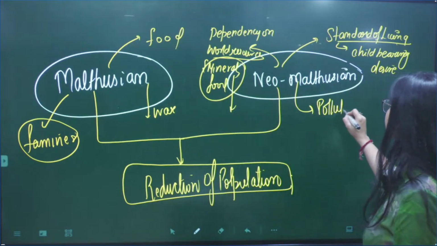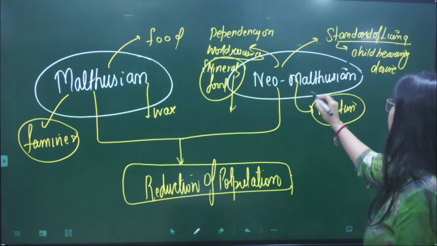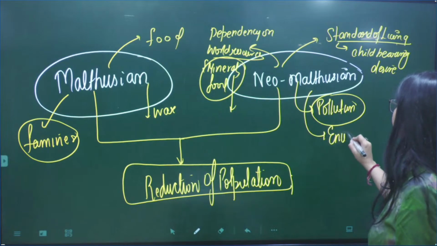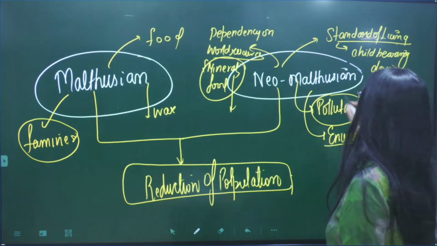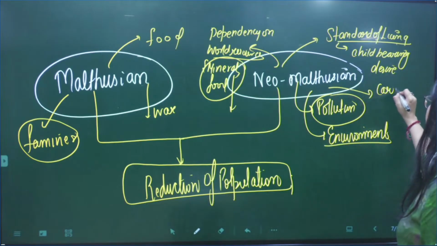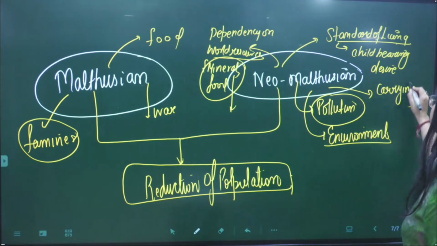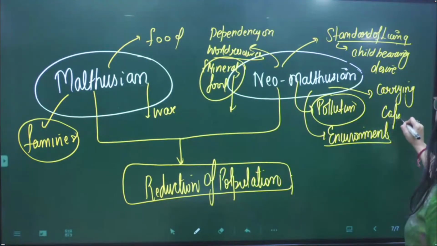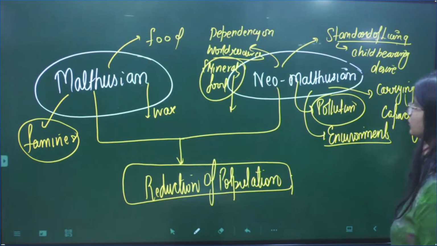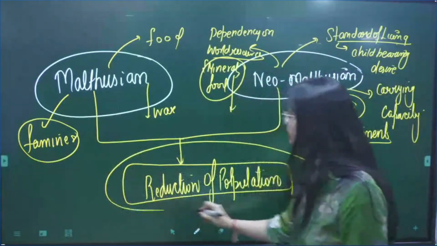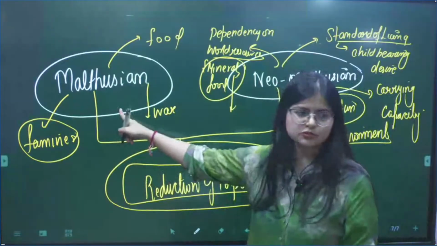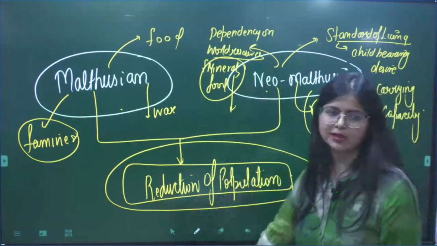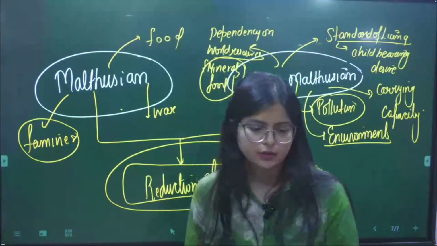So environmentally also he thought that it is not right because the earth also has a certain kind of carrying capacity. Although they both wanted a reduction of population, the drivers of Malthusian is different from Neo-Malthusian. Okay? All right.